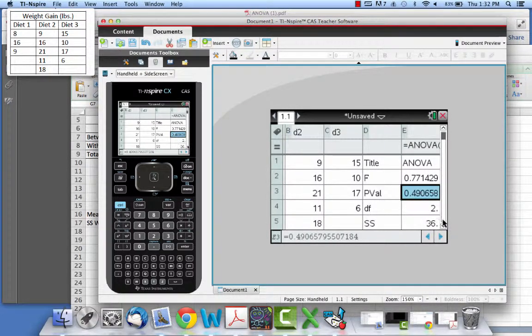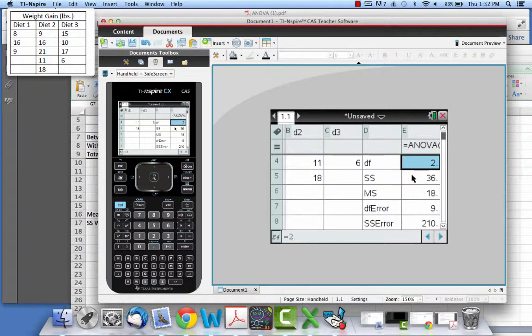The degrees of freedom between, sum of squares between, mean square between, the degrees of freedom within. So remember that the within is the unexplained. So the between is the bit that's explained by the subgrouping that we decide if we group it, that part doesn't count.